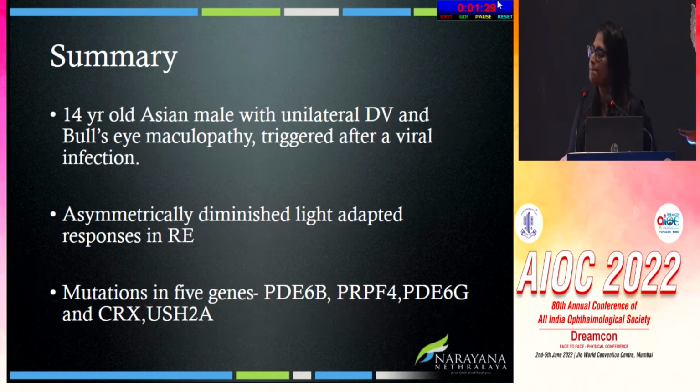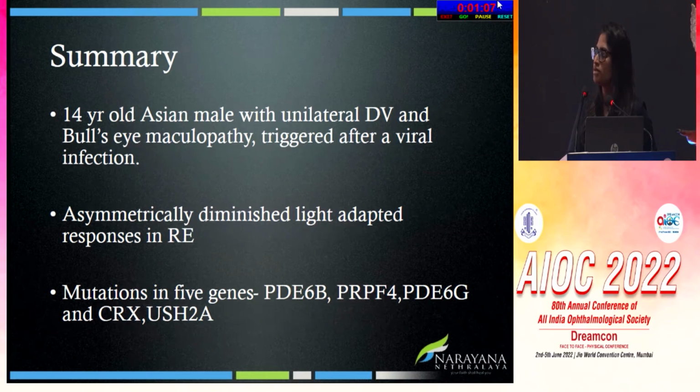Yeah. So if we say CRX, then maybe we can get the CRX done for the parents, and see if it is passing on from that generation, and keep follow up. Out of these 5, to pick up one, and since he's not falling into Usher's or PDE6, you said CRX is more likely, then maybe the parents' evaluation can be done for CRX.